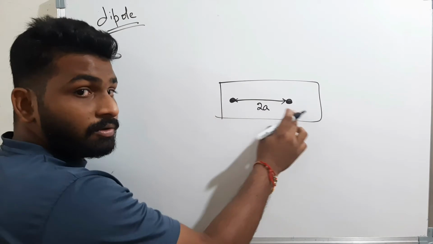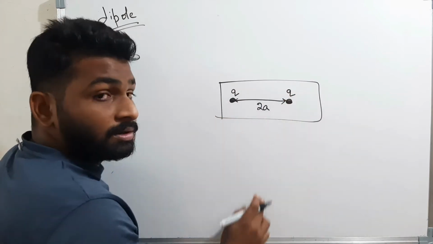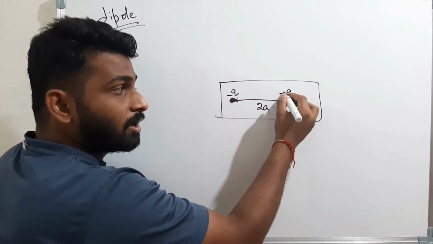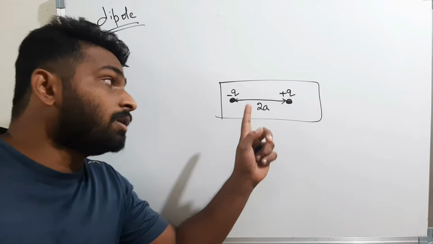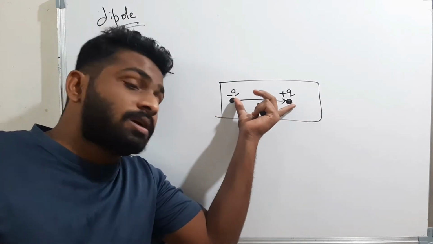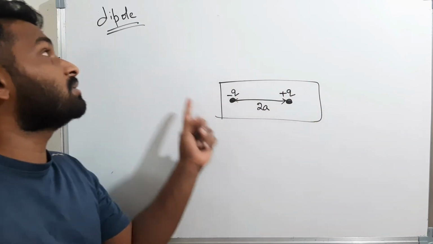They have to be equal in magnitude, that means the charge is q on each, but they have to be unlike charges, that means one has to be a negative charge, another has to be a positive charge. When they are separated by a small distance, this 2a is very small, then this arrangement is known as a dipole.